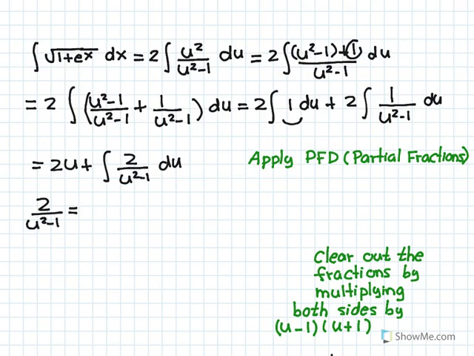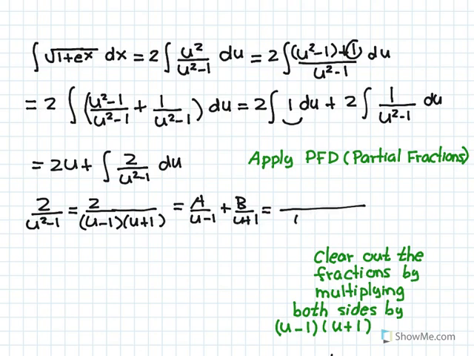Let's factorize the denominator as a product of linear factors. That's 2 divided by u minus 1 times u plus 1. That's equal to a over u minus 1 plus b over u plus 1. Taking a common denominator, we get u minus 1 times u plus 1. And u minus 1 times u plus 1 divided by u minus 1, multiplied by a, gives us a times u plus 1.